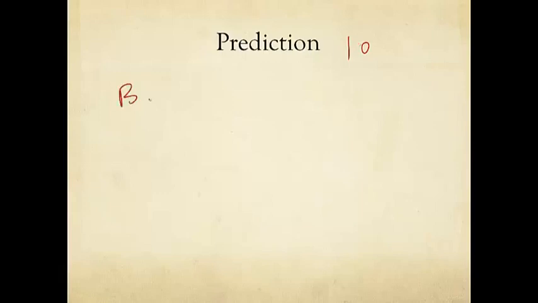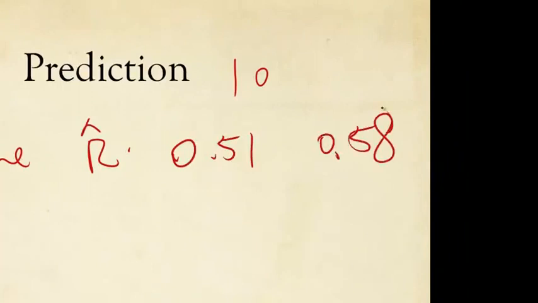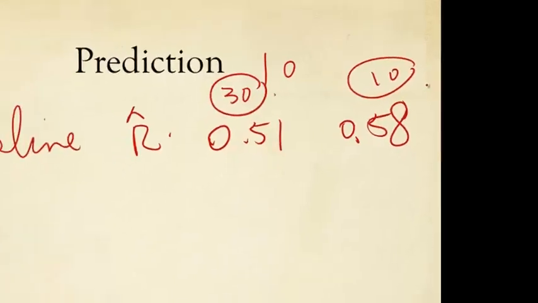In the baseline predictor, R hat, we get the error of 0.51 and 0.58 respectively for the 30 known training data and the 10 test data.